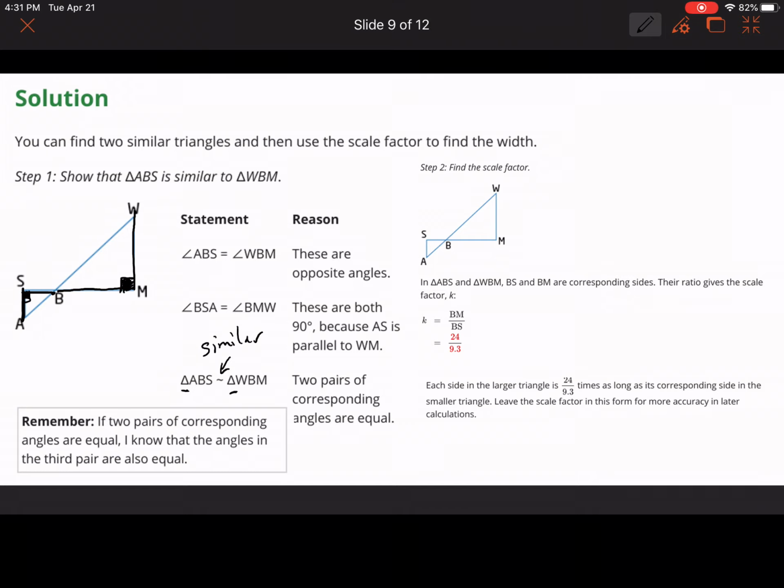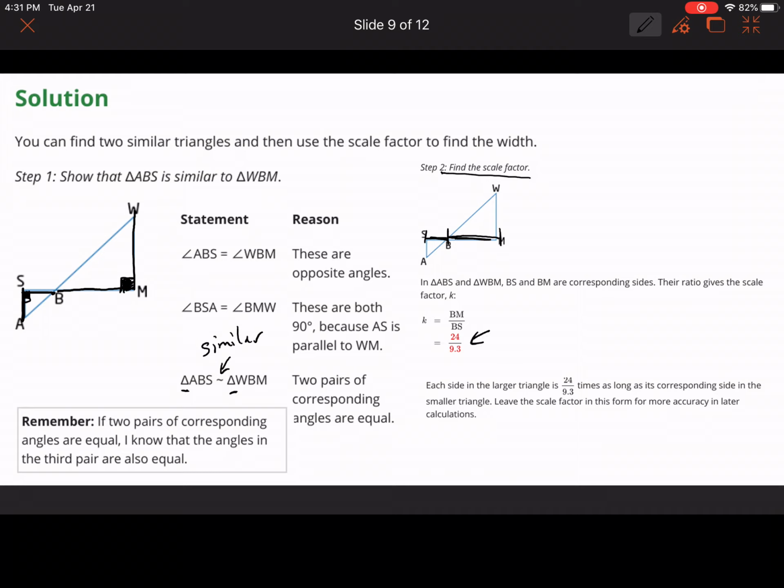Step 2 is find the scale factor. They've done this in 2 steps rather than my 1 step. In triangle ABS and triangle WBM, BS and BM are corresponding sides. Their ratio gives the scale factor K. So they found what the ratio would be for that.